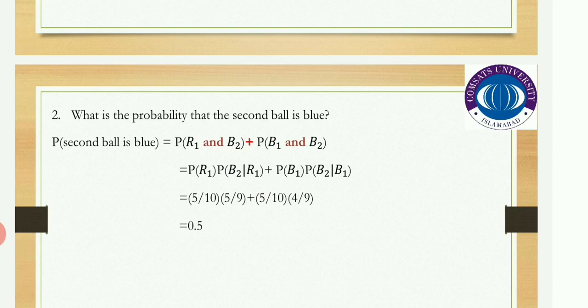What is the probability that the second ball is blue? Now we have a restriction on the second ball being blue, where the first ball could be red or it could be blue.